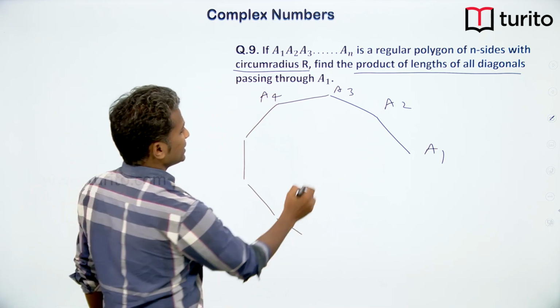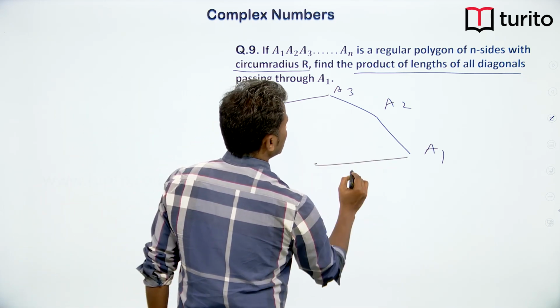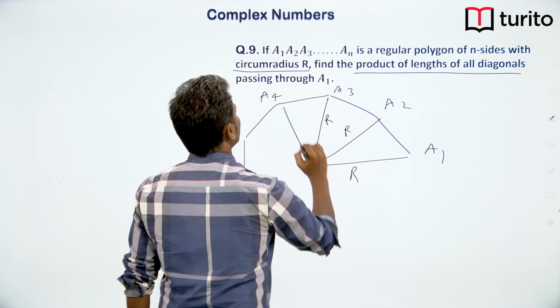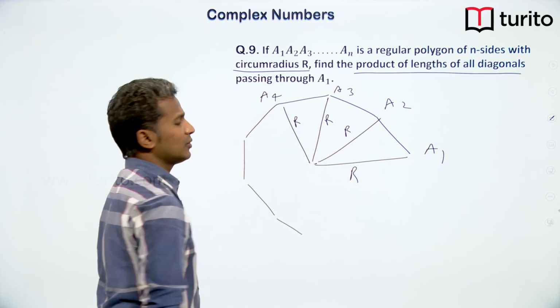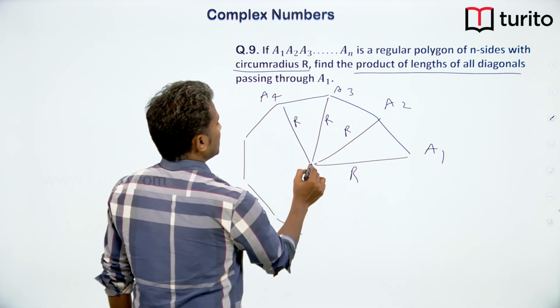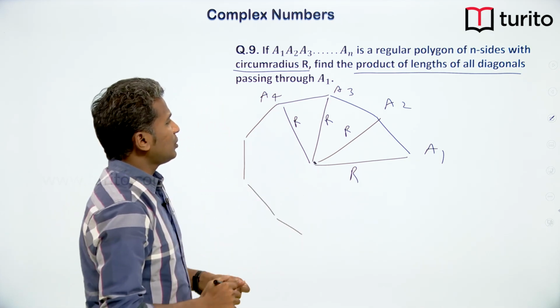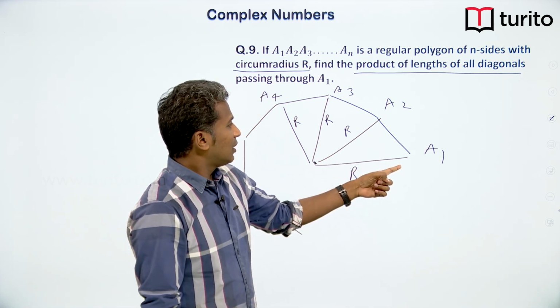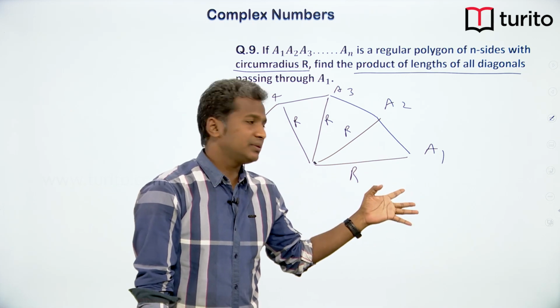Okay. So, that means from center all these points are at the distance r units. So, that means this is a regular polygon. Okay. Now, we want to find product of lengths of all diagonals through A1. Now, how many diagonals will pass through A1?